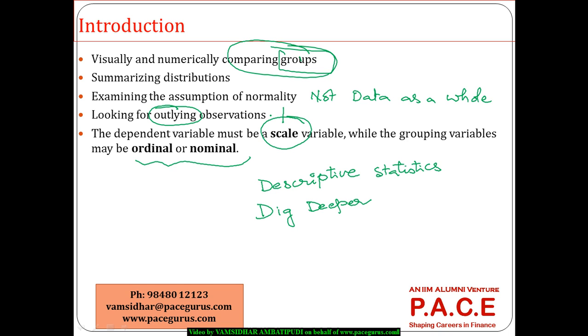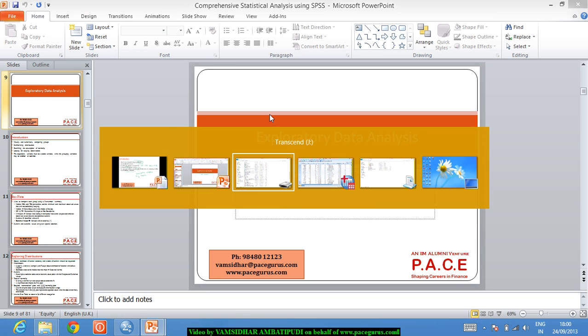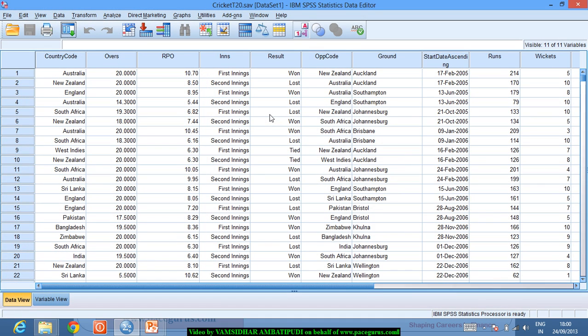For that, I'll take a very simple example. This is a very simple data set I have taken. This is the entire list of T20 cricket innings right from 2005. 17th February 2005 was the first T20 international match that was played.